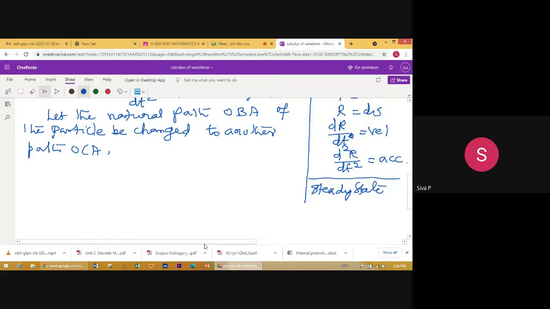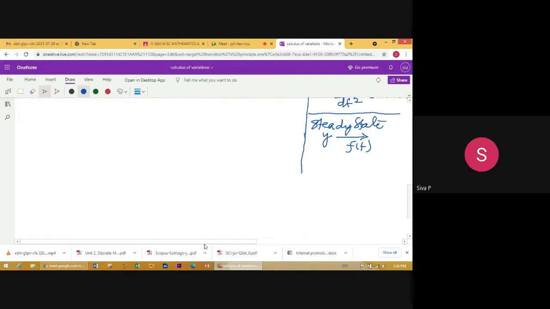Steady state means if any distance y is moving with respect to time t, so y equal to a function of t, then the moving particle is independent of time t.